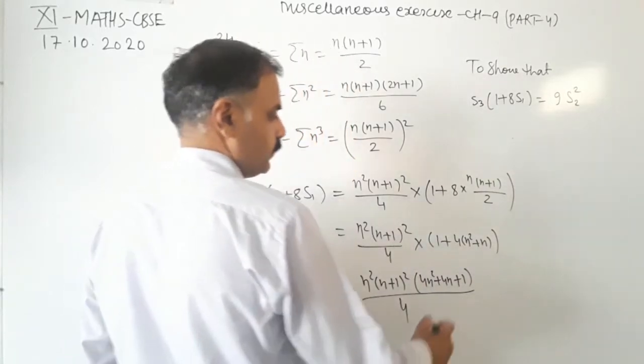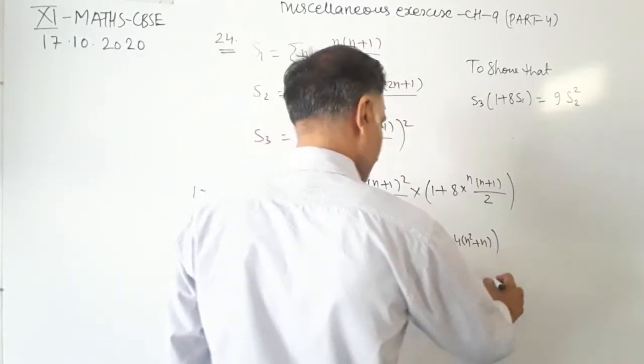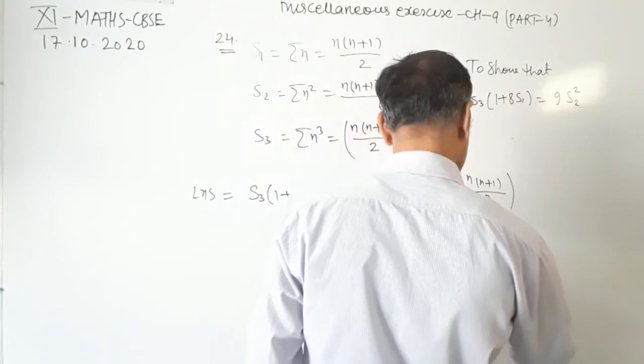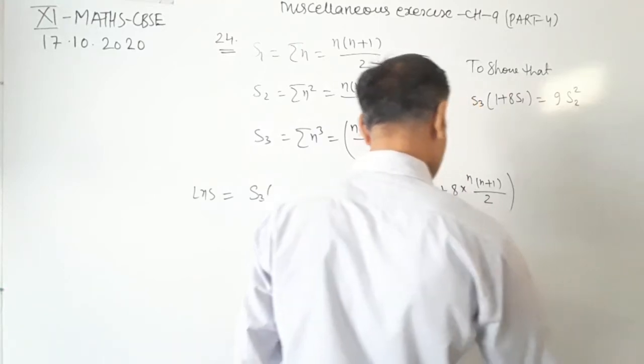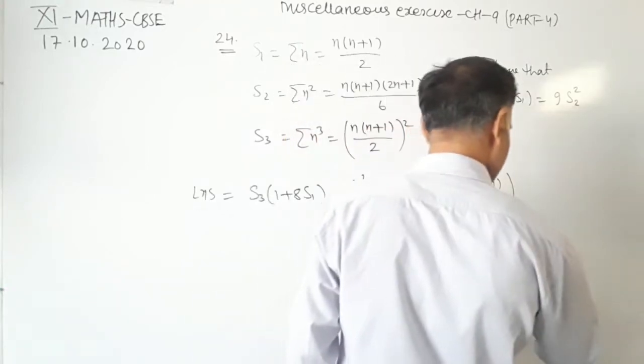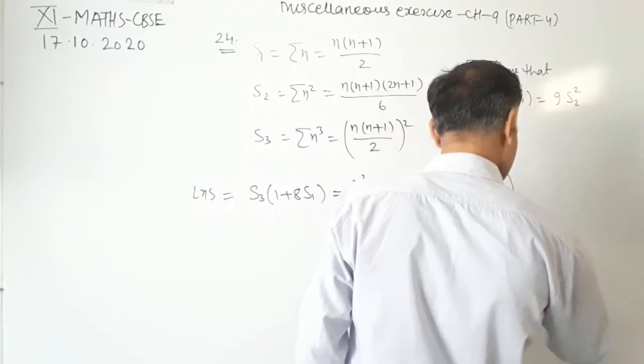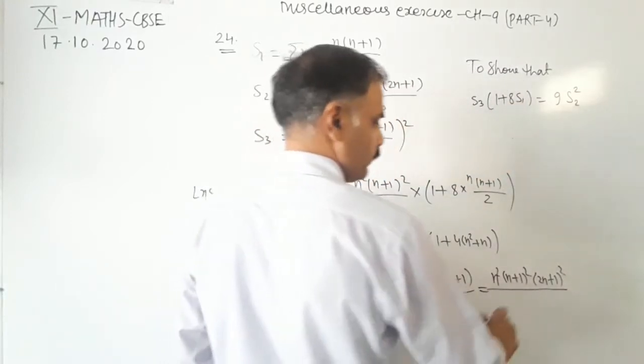This can be written as n square n plus 1 whole square, this is 2n plus 1 whole square, divided by 4.